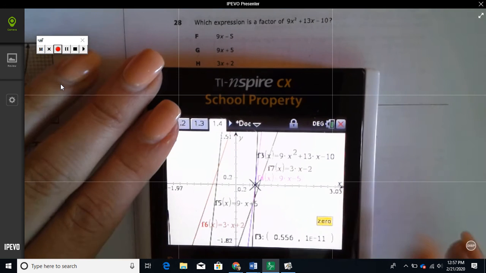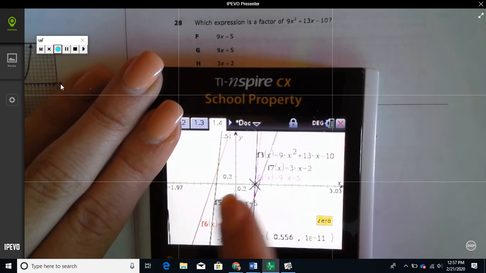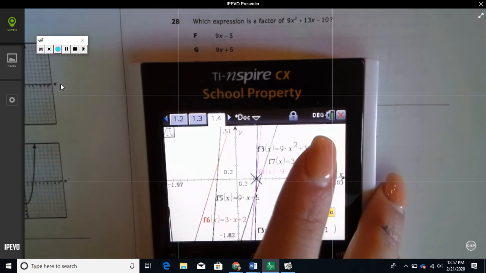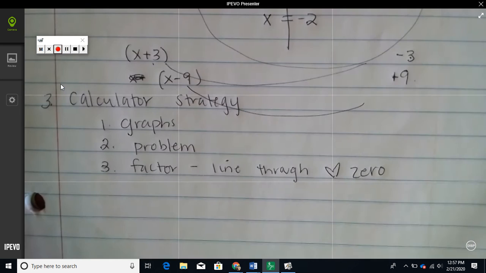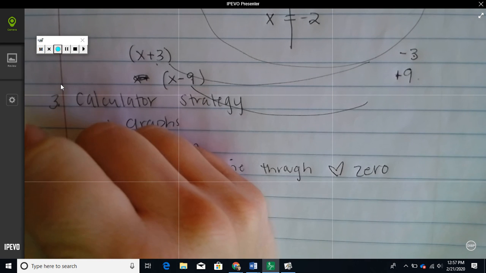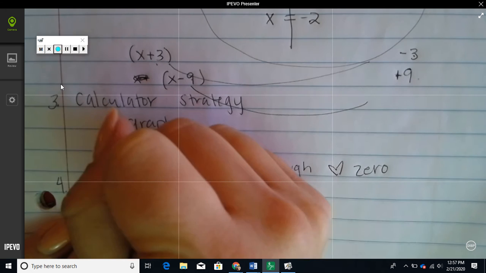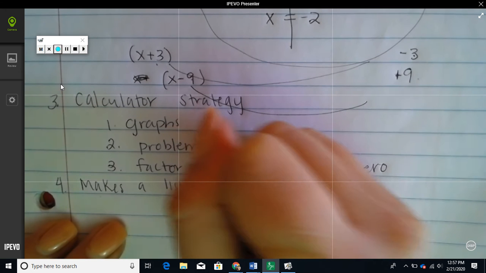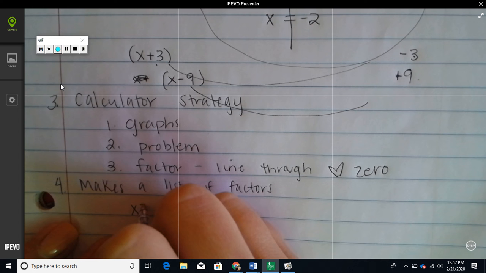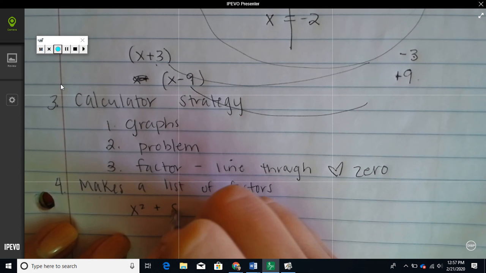One of those hearts. Alright, so the other thing I want to show you that your calculator can do is make a list of factors for you. For example, if you had x squared plus 8x plus 12, I circle, squiggly, underline.